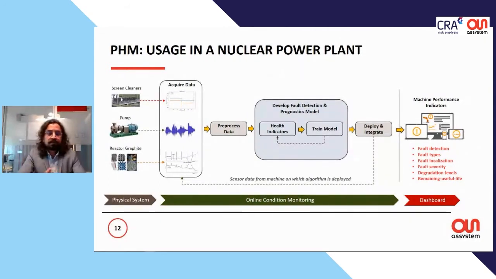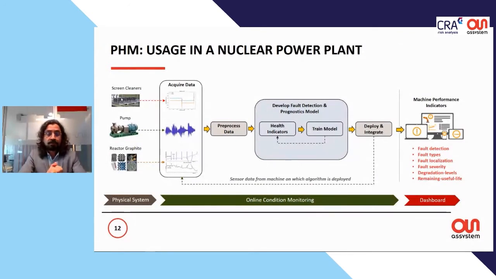And what we do is we pre-process the data, we build our predictive models, and within this model, we train it based on the data we have. And with this, we can provide health indicators. And using these health indicators, we can give almost a daily report about how the screen cleaners are performing. Normally, these screen cleaners are inspected periodically, once in, let's say, a month or something.